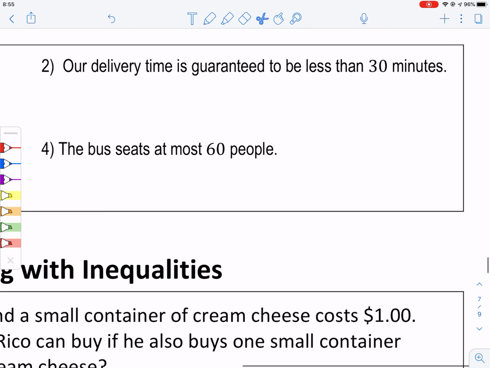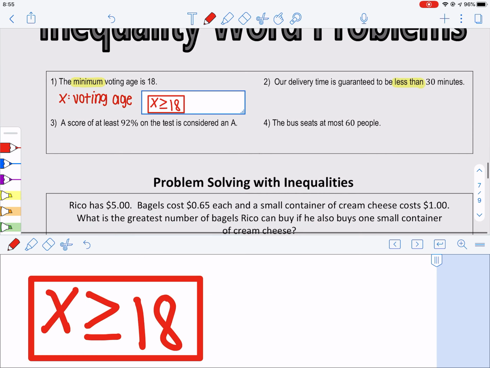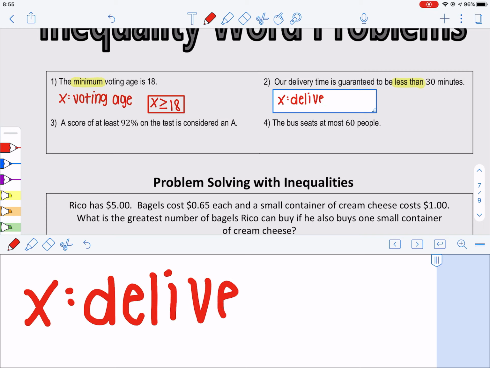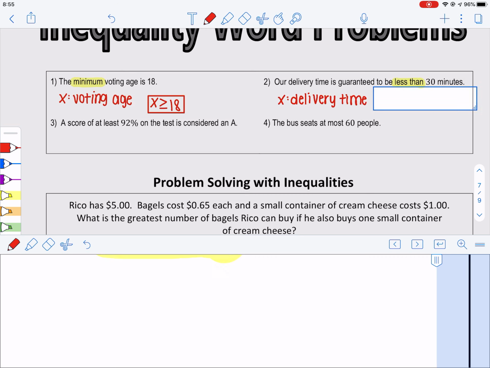Okay, let's try number 2. Our delivery time is guaranteed to be less than 30 minutes. So it must be less than 30 minutes. So name a variable. In this case, I'm going to use X again, and it's the delivery time. And it says specifically that this delivery time is less than 30 minutes.